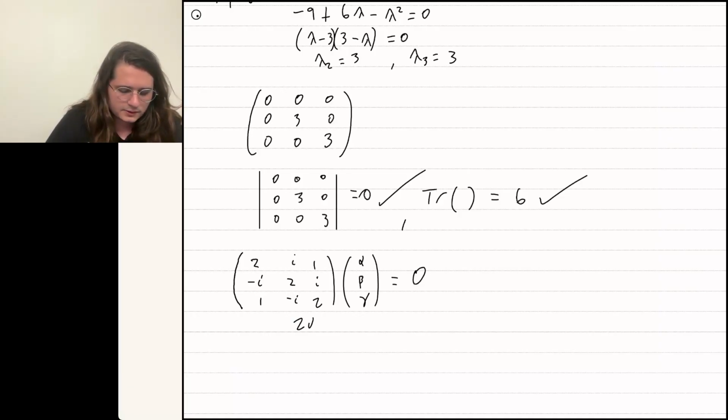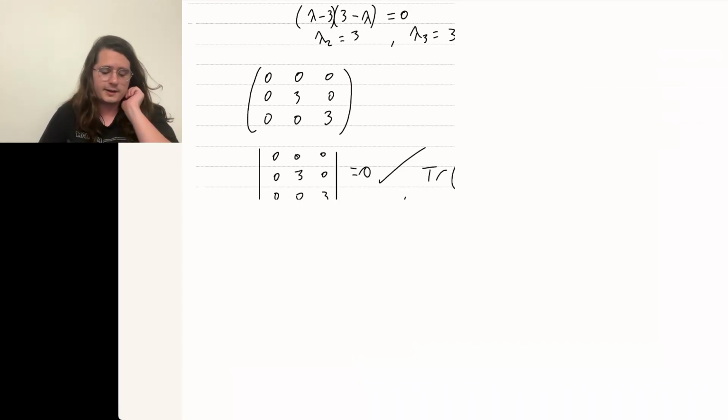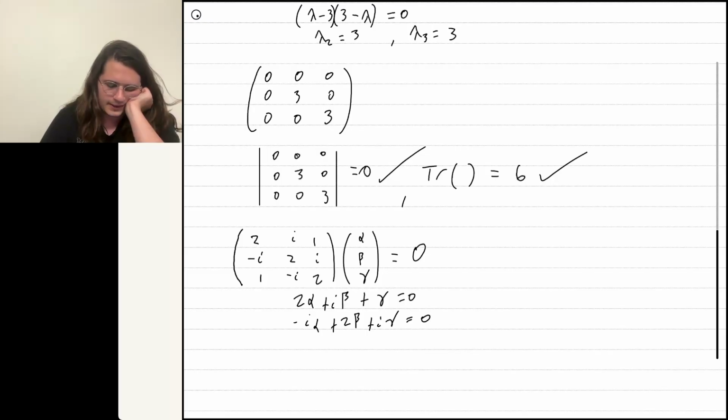That's telling us that 2 alpha plus i beta plus gamma equals 0. And also minus i alpha plus 2 beta plus i gamma equals 0. If you multiply the second equation by i, you actually get alpha plus 2i beta minus gamma equals 0.